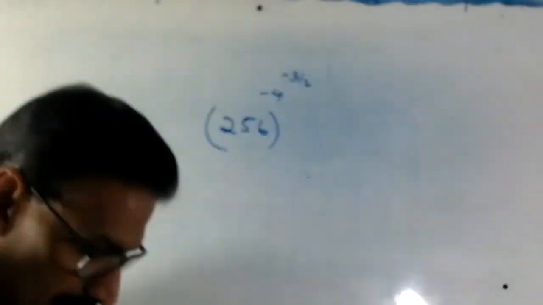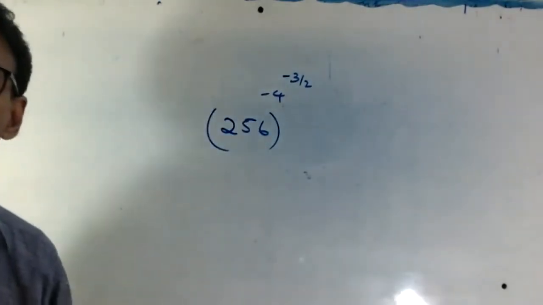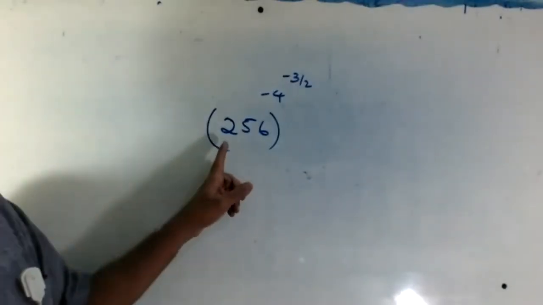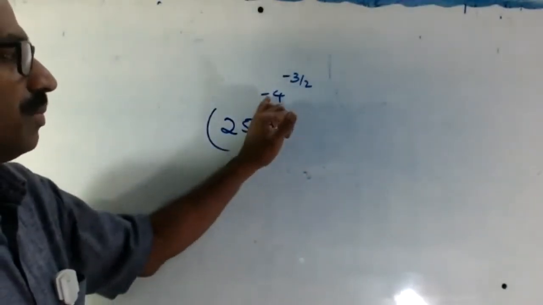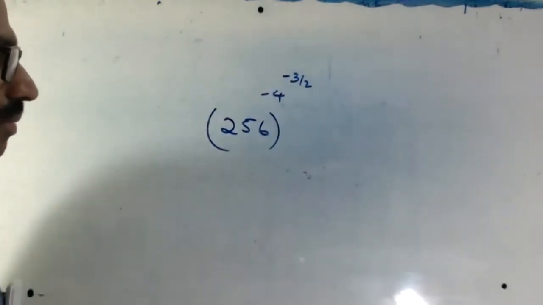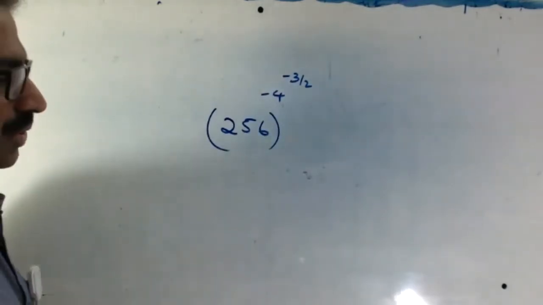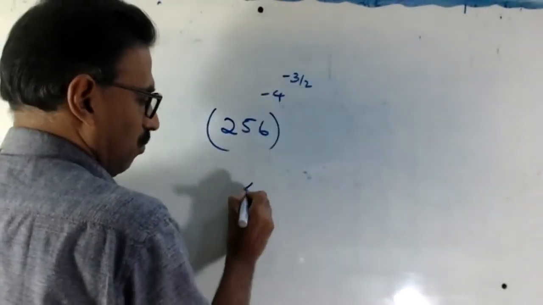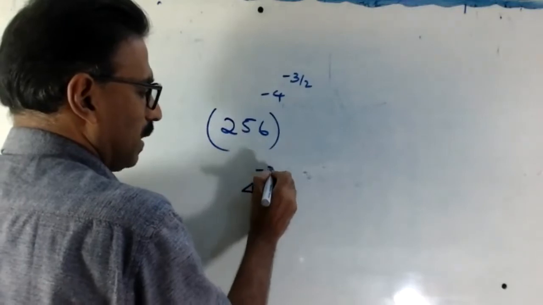Okay. Look at here this question. Question is 256 whole raised to minus 4 raised to minus 3 by 2. Okay. Look, I'll show this one. Don't directly simplify. First of all, you find 4 raised to minus 3 by 2.